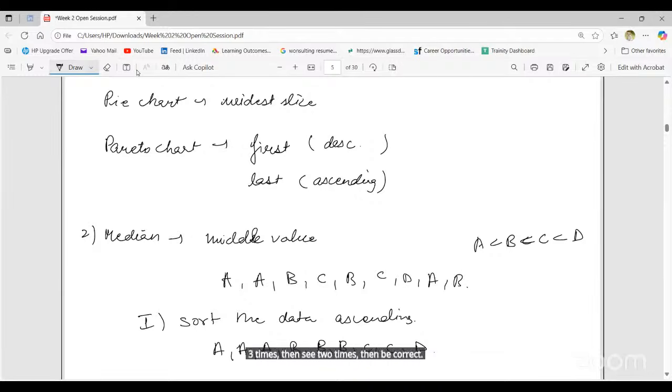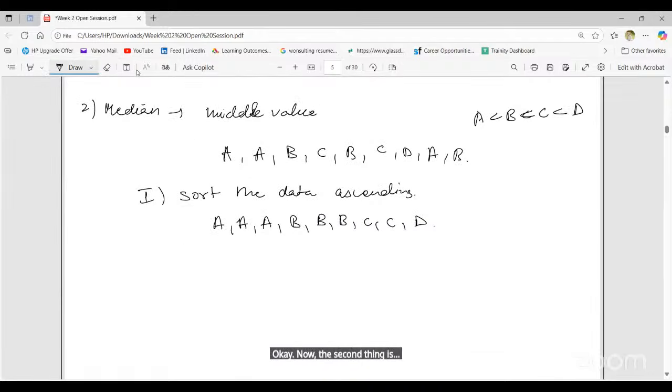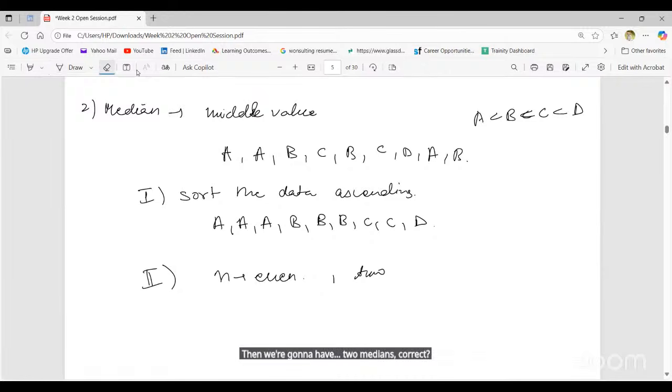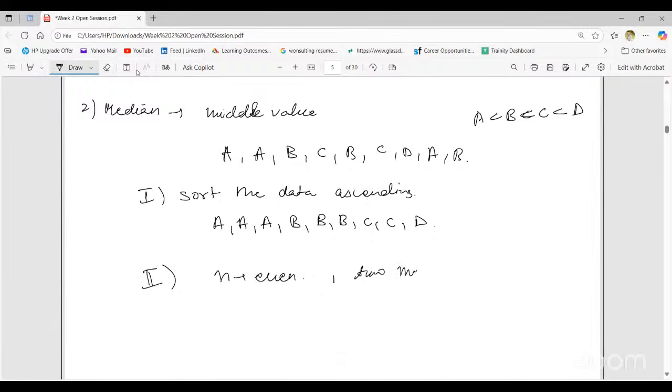Now the second thing is we will count. If my n is even, then we're gonna have n by 2, two medians. Let's suppose how many are there? 1, 2, 3, 4, 5, 6, 7, 8, 9. Here n is odd. So if n is odd, then we have the middle value.